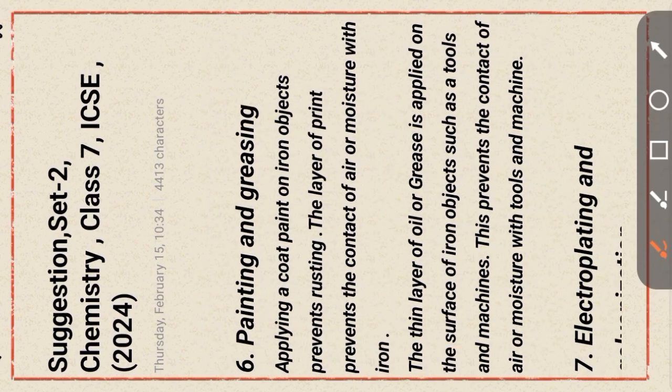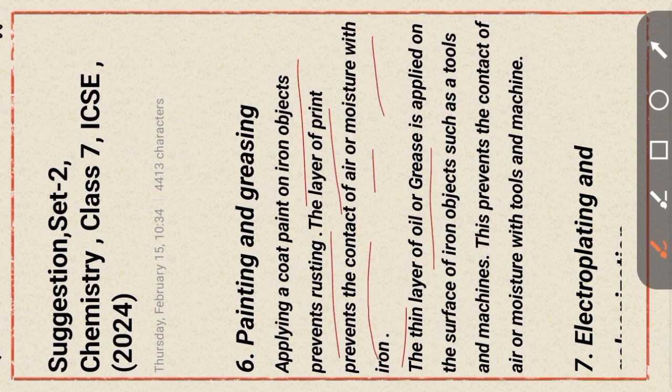Applying a coat of paint on iron objects prevents rusting. The layer of paint prevents the contact of air or moisture with iron. But a thin layer of oil or grease is applied on the surface of iron objects such as tools and machines.